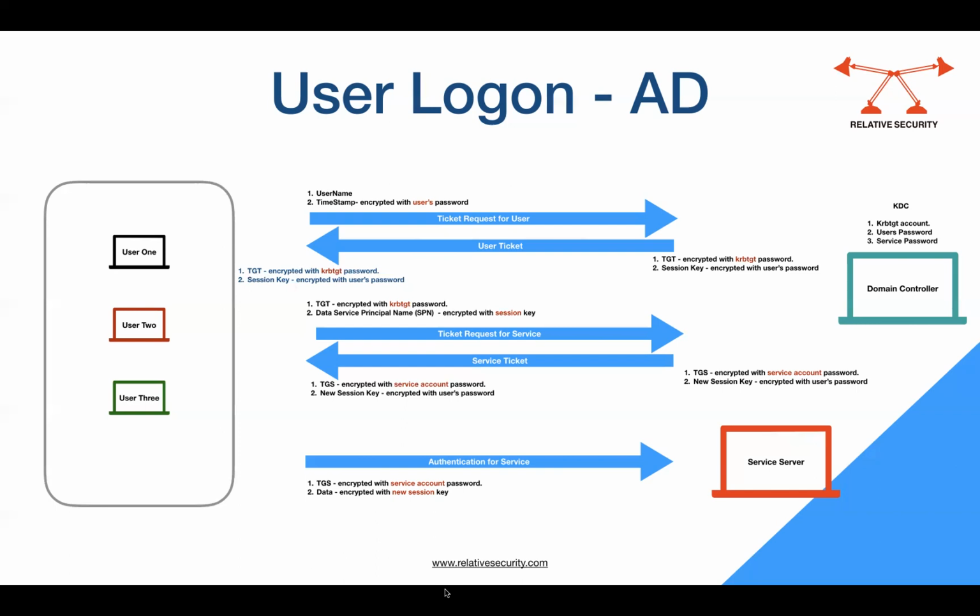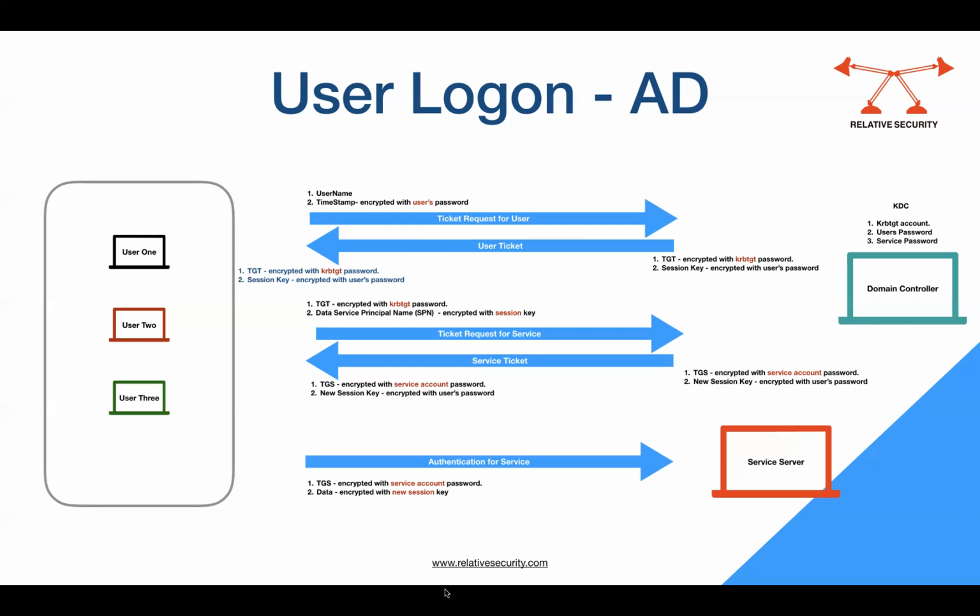Now, once this reaches the domain controller, it will decrypt the TGT using its own password and take out the session key, and using the session key decrypt the service name, that is, what service the user is requesting.